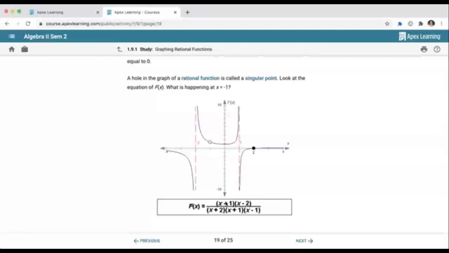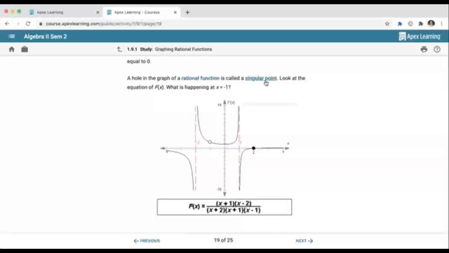But it also makes our denominator 0. So this is the point where we have a 0 point and it's intersecting with our vertical asymptote. So it makes this thing called a hole in our graph.